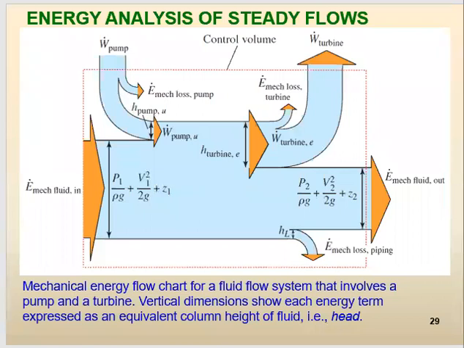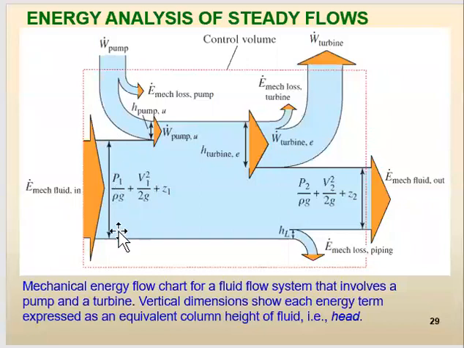Also, we can interpret that equation using this diagram. How? So this is a mechanical energy flow chart for a fluid flow system that involves a pump, turbine, losses. So let's say this is point 1.